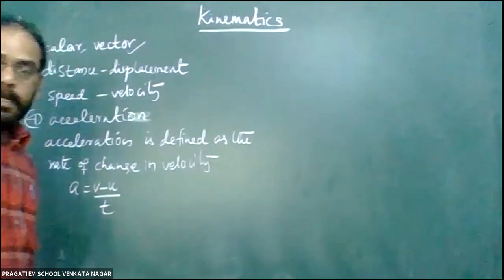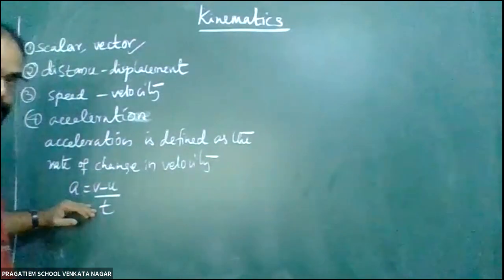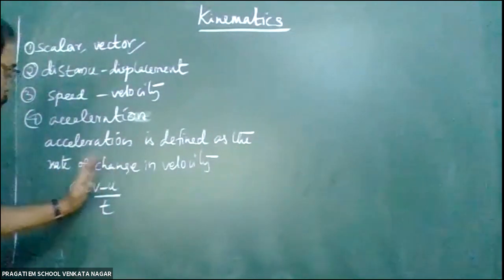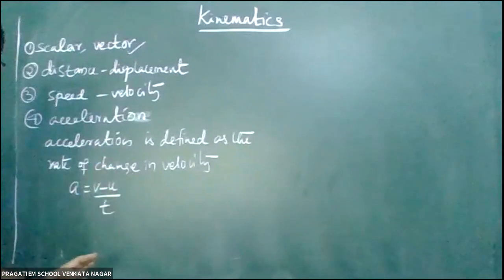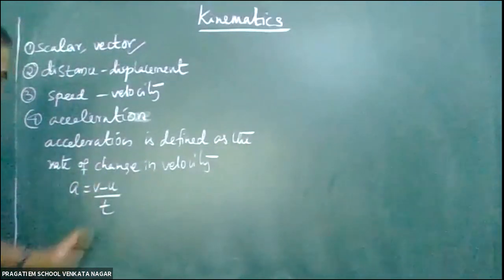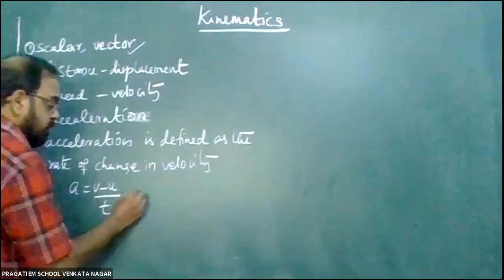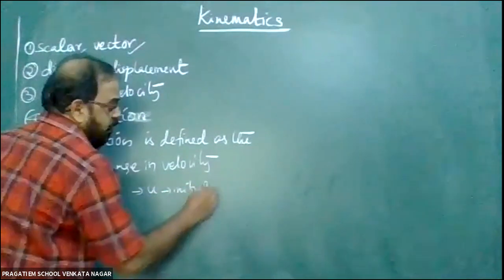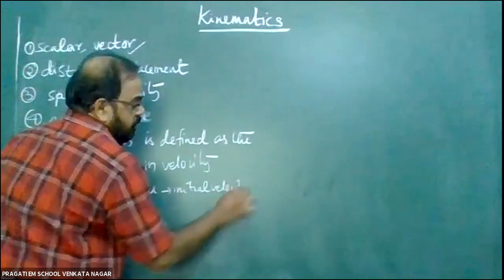So here, when we write an equation, we have to specify what all these letters represent. So the usual notations: u is the initial velocity. Initial velocity means the beginning.